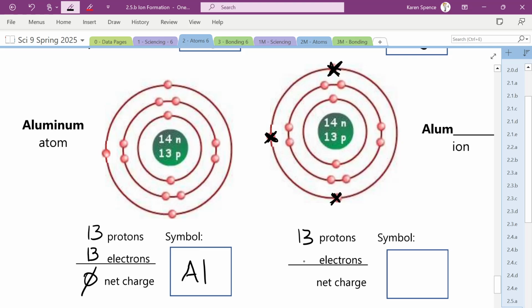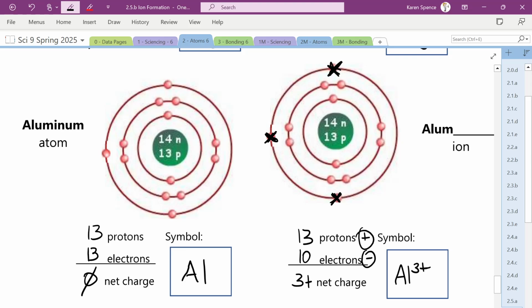So now how many electrons are we left with? Only 10. So our net charge is 3 positives because we've got more positive things than negative things. And the symbol is Al 3 plus.